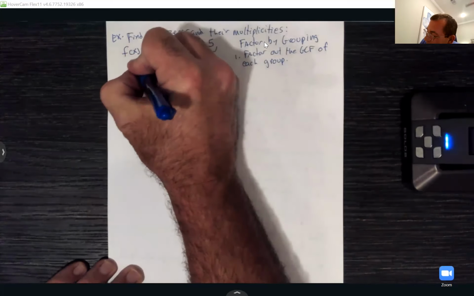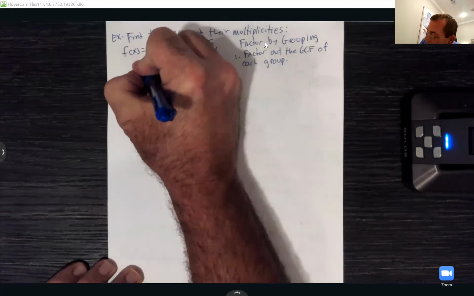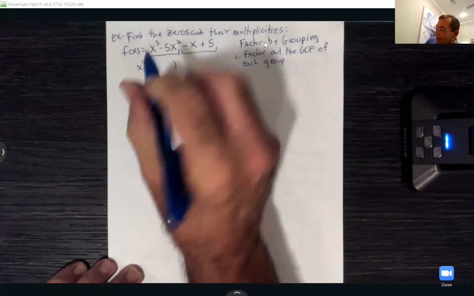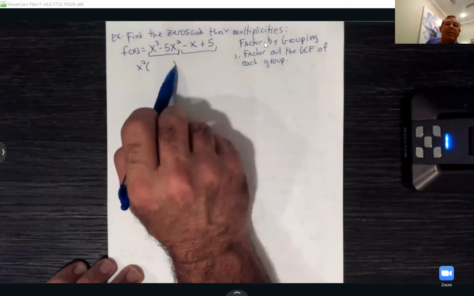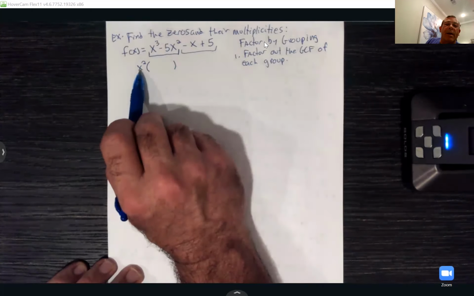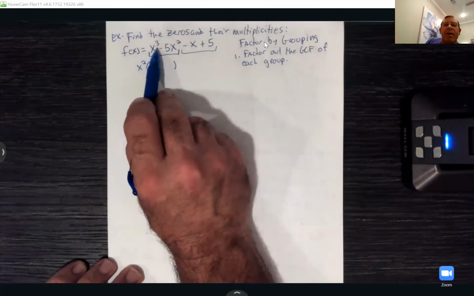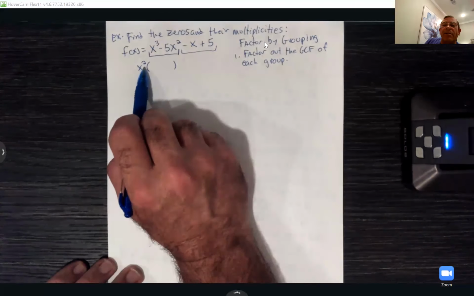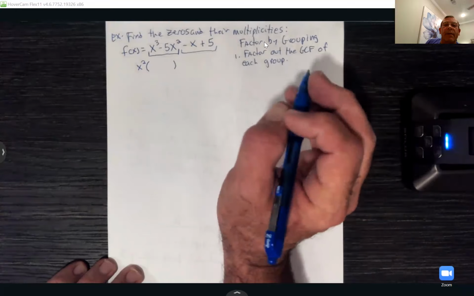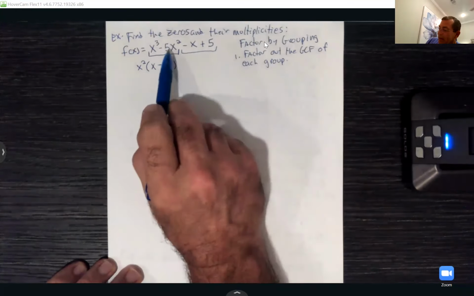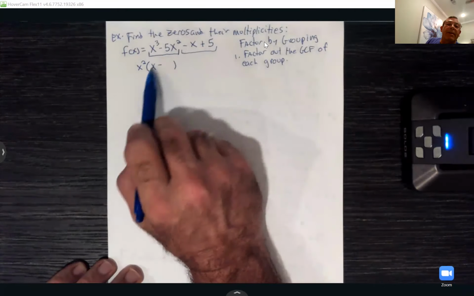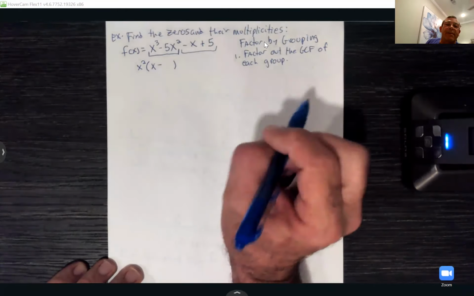So we would factor out that x squared and put what's left of these two terms in the parentheses when you take out that x squared. So if you had an x to the third and you took out x squared, what's left? X. And that's going to be minus. Over here, I had a 5x squared. If I take out the x squared, what's left? 5.